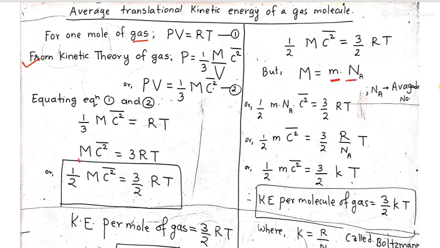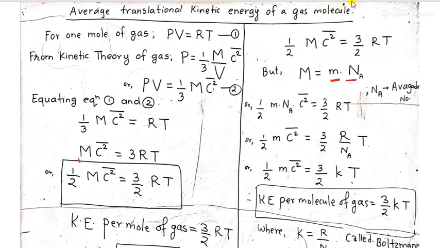As we consider 1 mole of the gas, the total number of molecules is equal to Avogadro's number, 6.023 times 10 to the power 23. So in place of capital M, we can write small m times Na. In general we write m into n, but in this case, as there is 1 mole of the gas, the number of molecules will be equal to Avogadro's number. That's why 1 by 2 m Na c square bar equal to 3 by 2 RT.